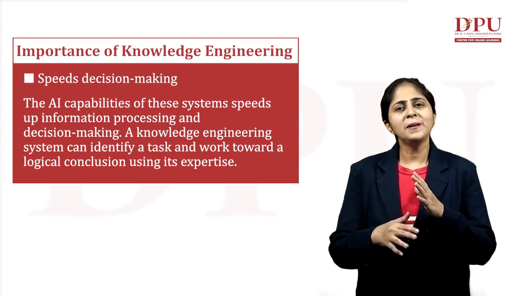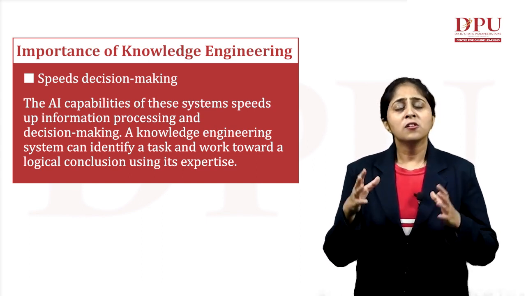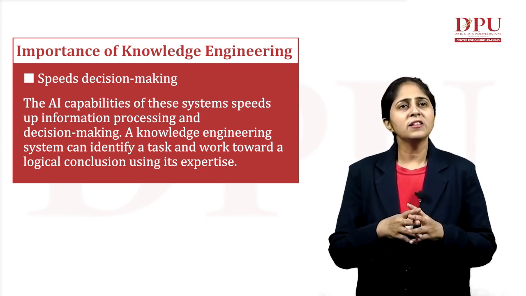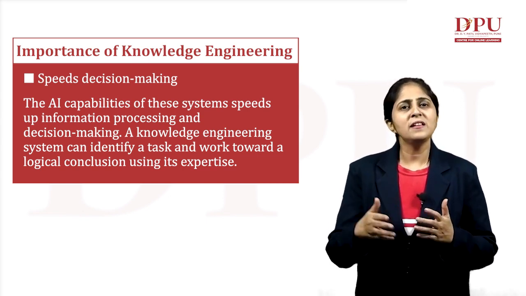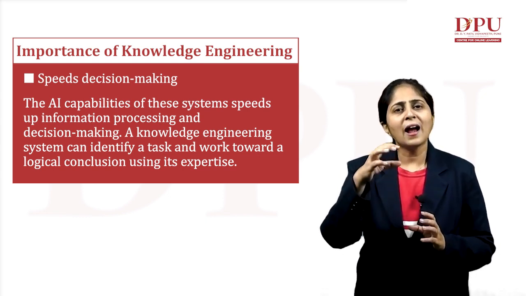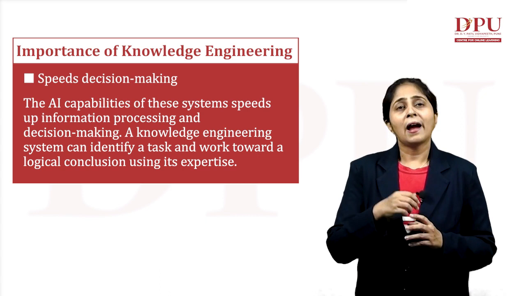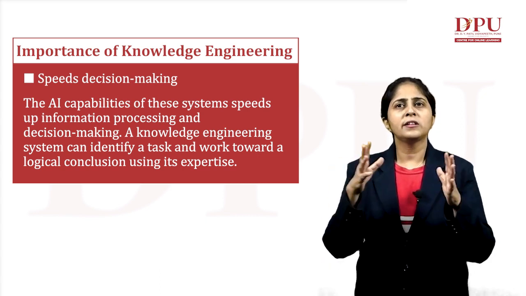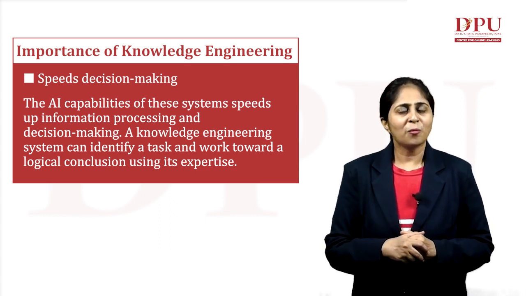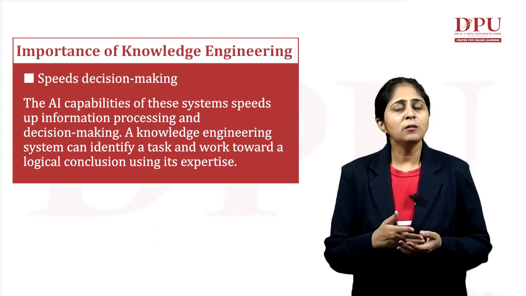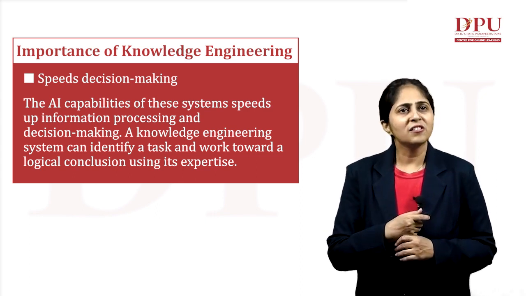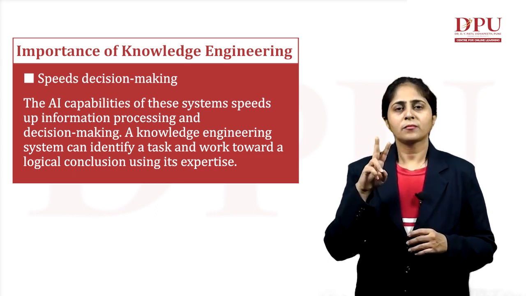So basically, the first thing that knowledge engineering performs is it speeds the decision making process. A knowledge engineering system can identify a task and can work toward a logical conclusion using that expertise. So the very first important point, the importance of knowledge engineering, is it speeds the decision making process.